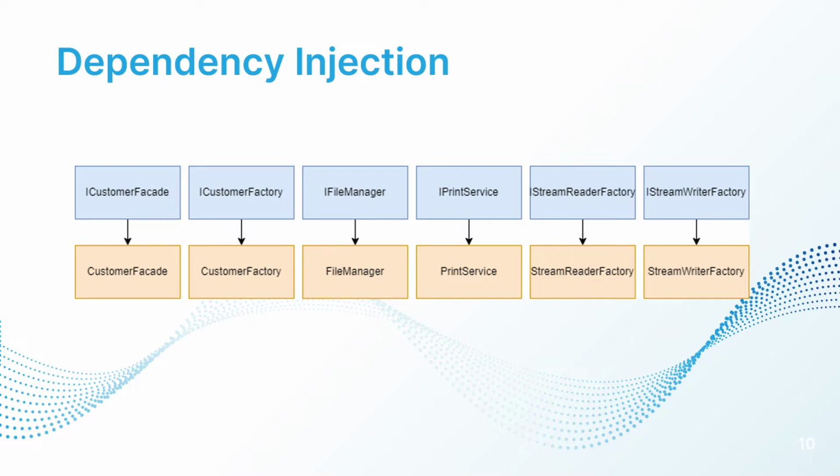If someone changes the rule or the filter in the concrete class, you don't need to care about it because you are just expecting the interface. So we have a lot of advantages with dependency injection.